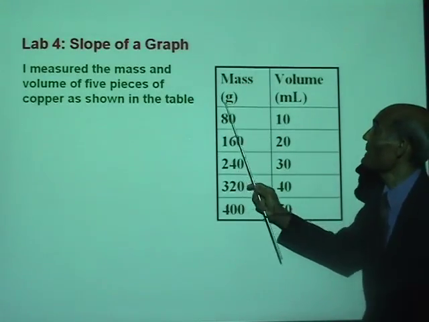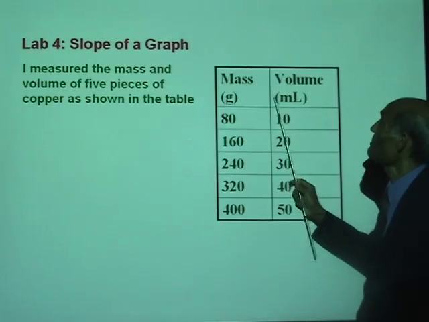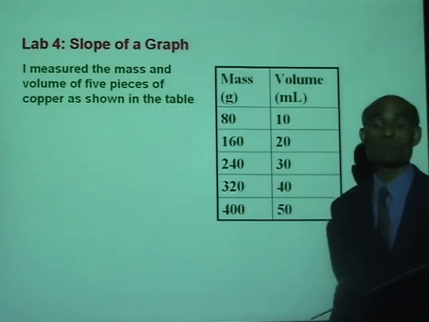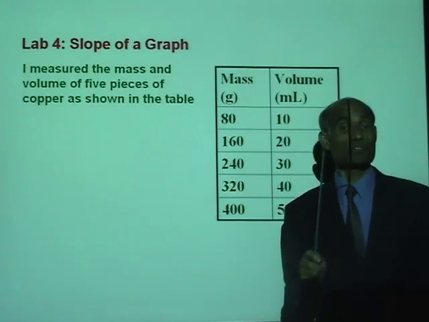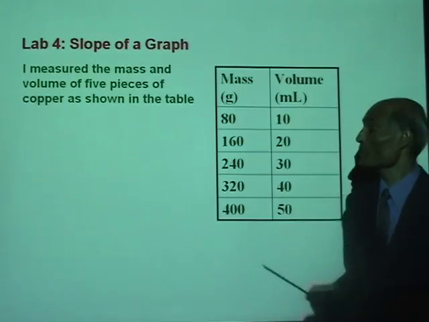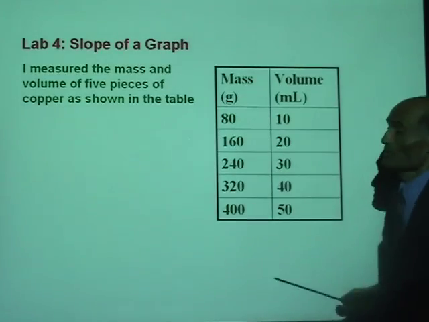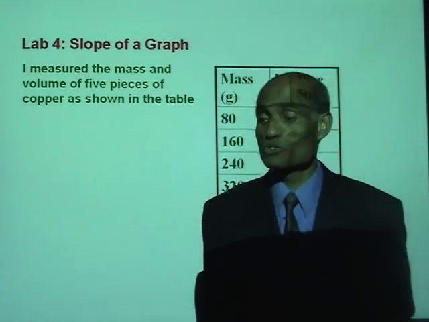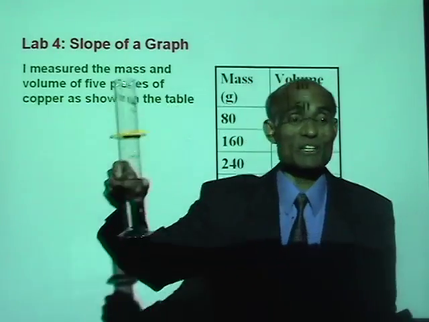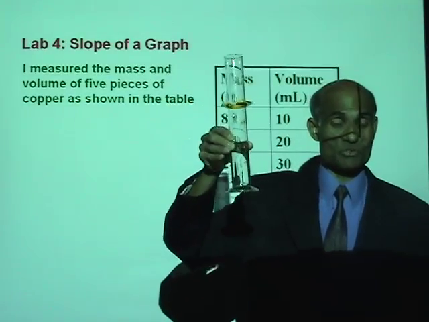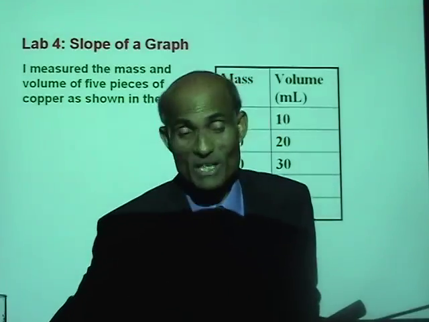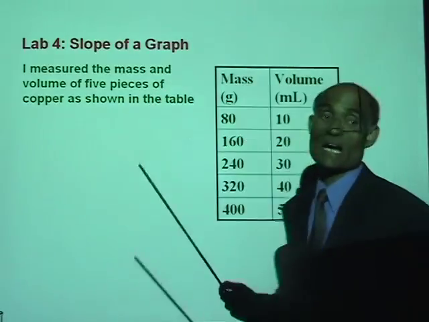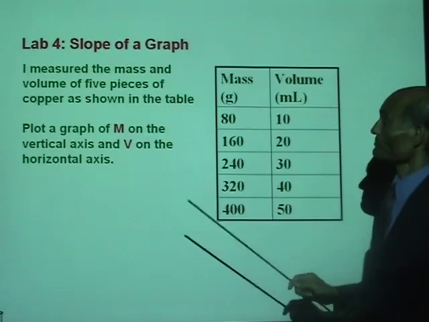I measured the mass in grams and the volume in milliliter. Now, you know how I measured. I used an electronic balance to measure the mass, and of course I used a measuring cylinder. I showed you how this is used to measure the volume, and I got these values.